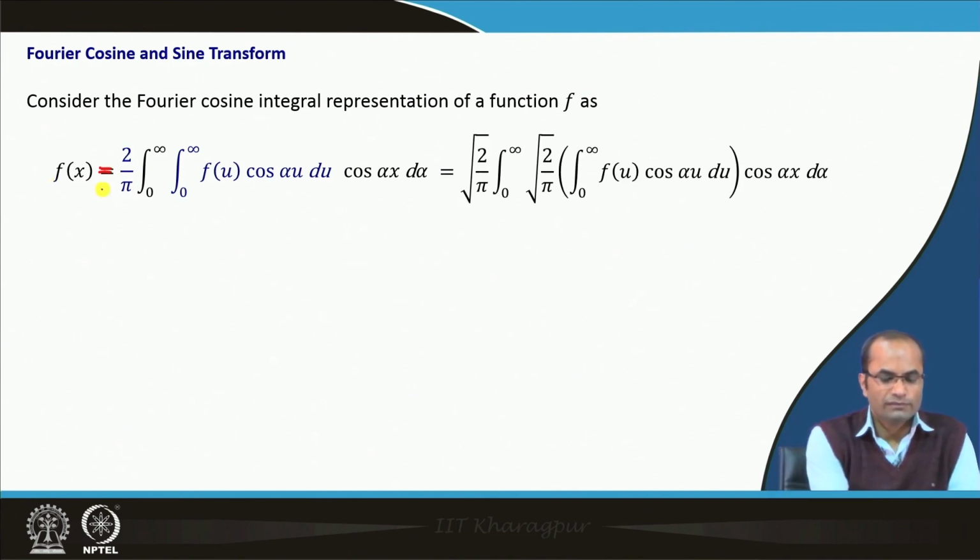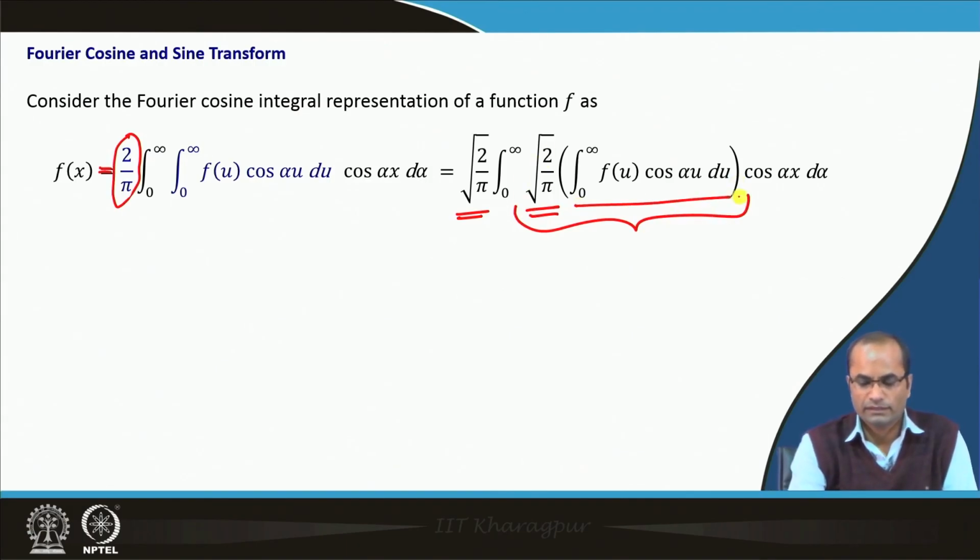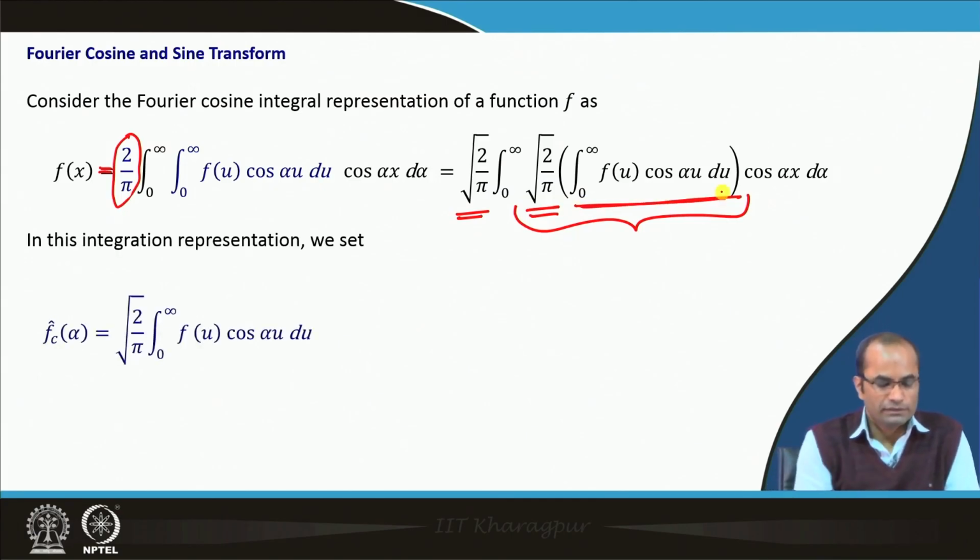Now, what we are doing is breaking this 2 over pi into the product of square root of 2 over pi and again square root of 2 over pi. Then this part, with this square root of 2 over pi and this portion of A(alpha), we will denote as f hat c of alpha, which is square root of 2 over pi times the integral of f(u) cos(alpha u) du.